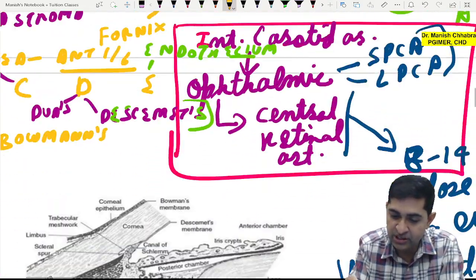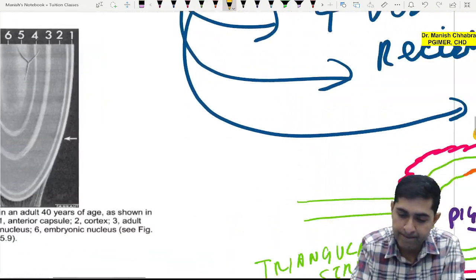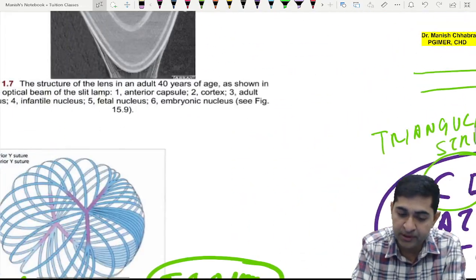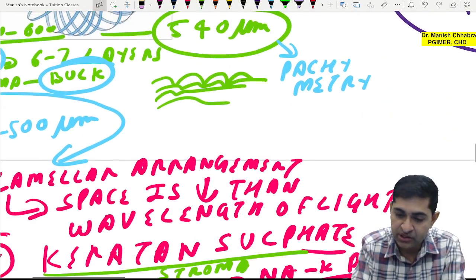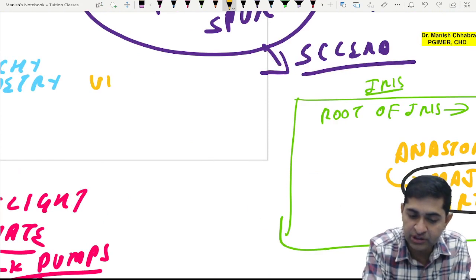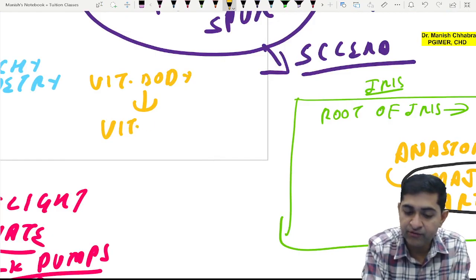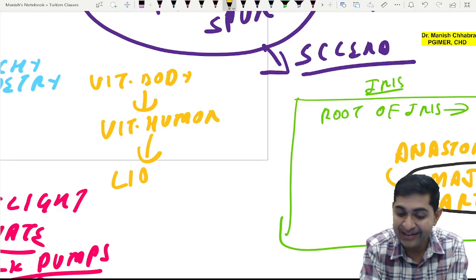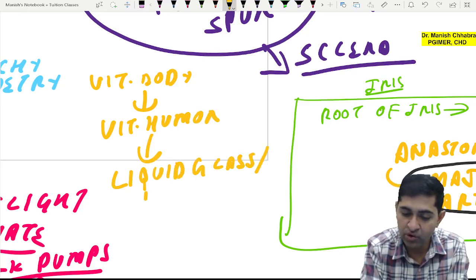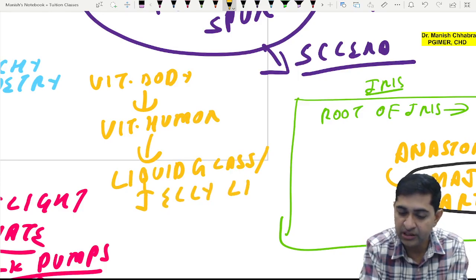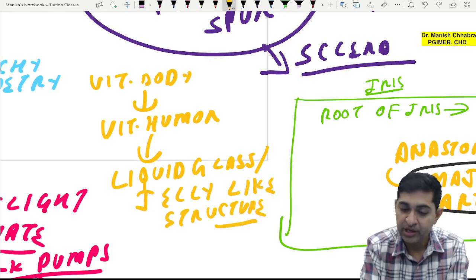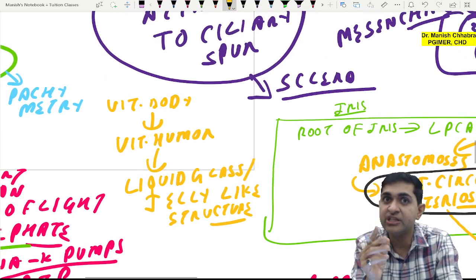Let's write it here. I am again hoping that you are making good notes, right? So the vitreous body is vitreous humor. It is a liquid glass or jelly-like structure, and it lies in the posterior segment.